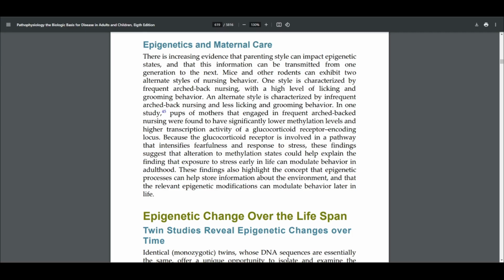In one study, pups of mothers that engaged in frequent arched back nursing were found to have significantly lower methylation levels and higher transcription activity of a glucocorticoid receptor encoding locus.